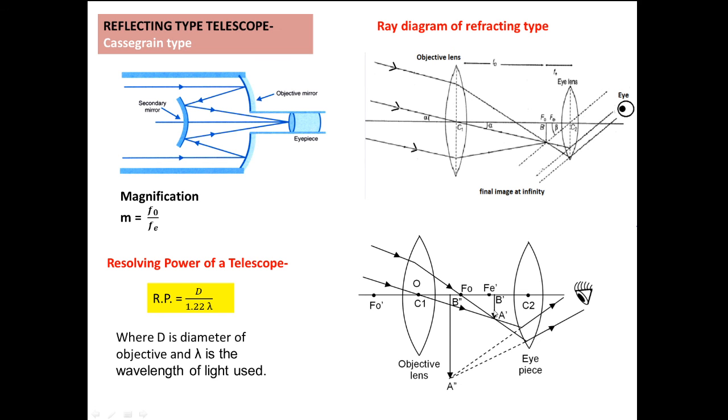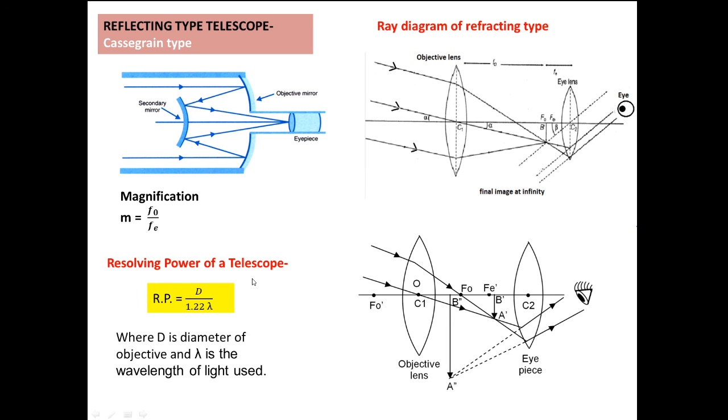Then a virtual and erect image is formed. A virtual and erect image B dash, this final image, is at the least distance of distinct vision.